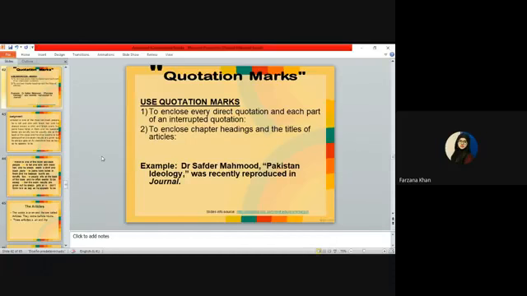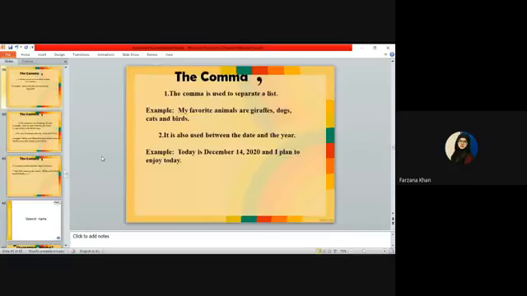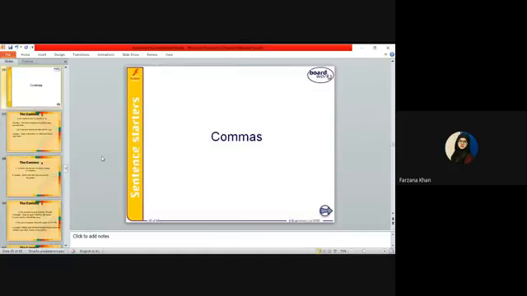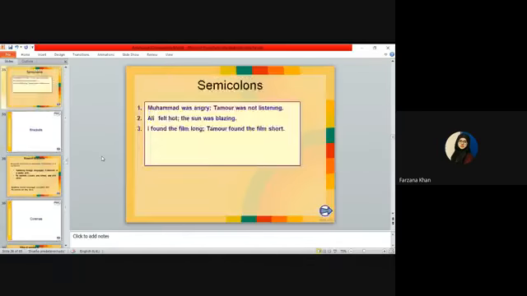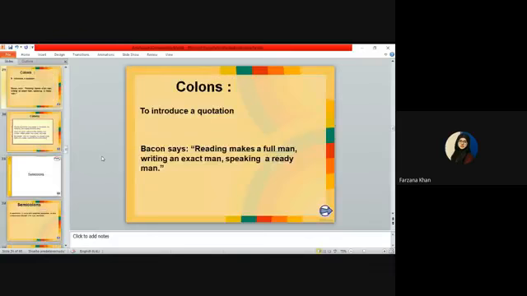First of all, the quotation marks are used to add the direct speech in the sentence. As you have previously seen in the example in which I told you about the use of colons, here you can see in the use of colons the direct speech of Bacon.